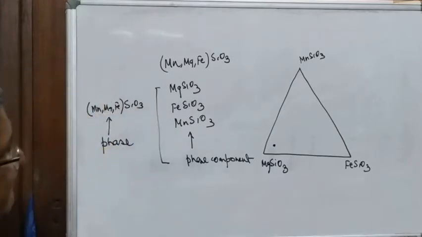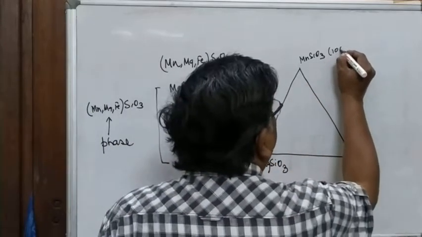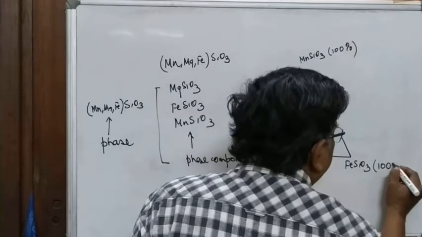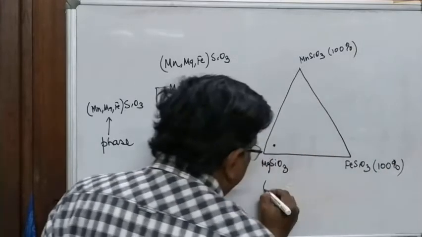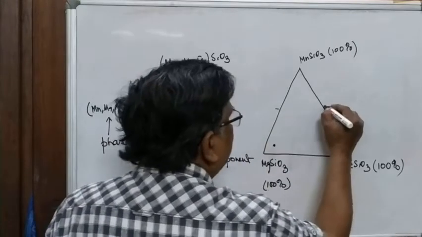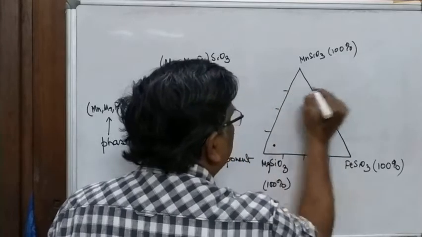So how do I find out what is the proportion? Here MnSiO3 is 100%, here FeSiO3 is 100% and here MgSiO3 is 100%. So this is 50, this is 50, this is 50, this is 25, this is 75. So it goes.